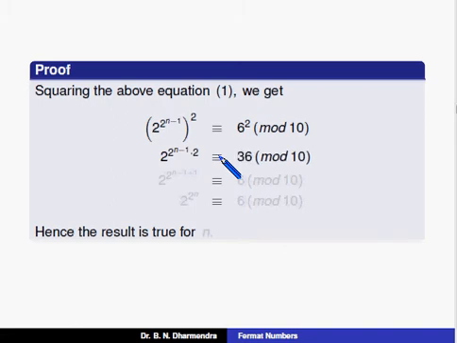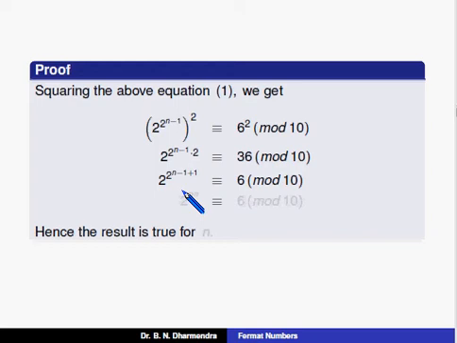That is 36 modulo 10. So here we have to observe that the power containing 2 is there, 2 to the power of n minus 1 and 2. We should add that power here, that is n minus 1 plus 1, that gets cancelled, that is 2 to the power of n.